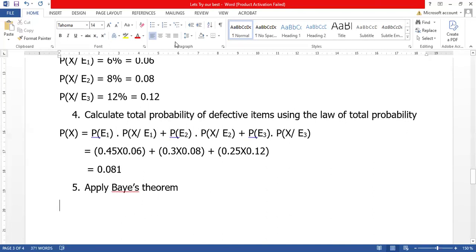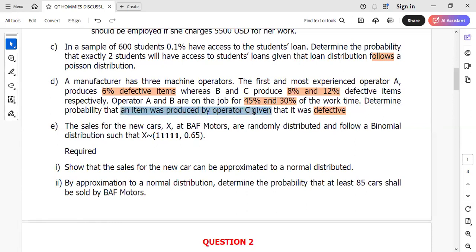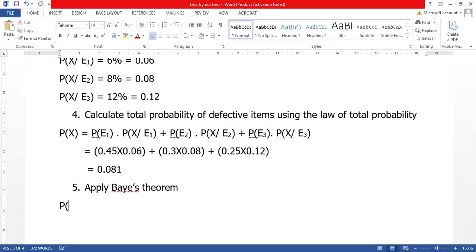Basing on the required part, they are telling us we determine the probability that an item was produced by operator C, given that it was defective. So it will be the probability of operator C given that it was defective.